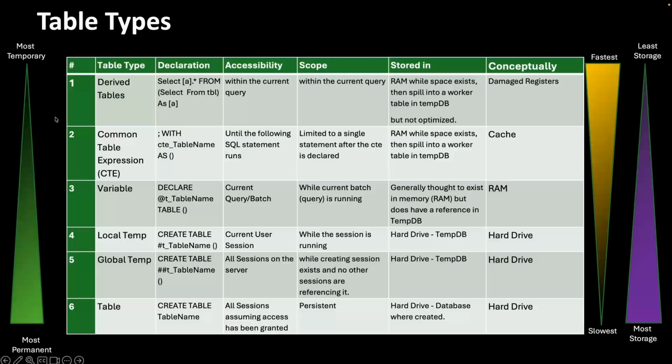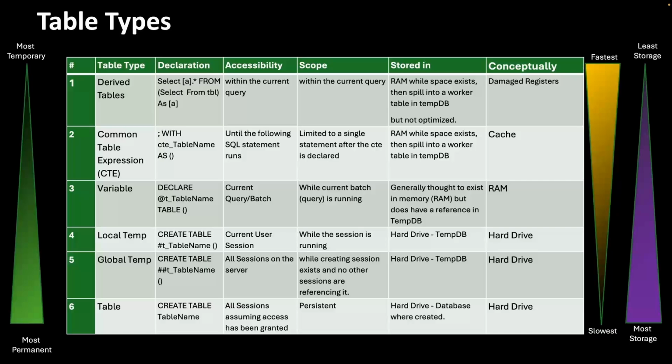They don't care what's going to happen with the rest of your SQL script. They did their thing and they went away. All right. But variable tables, we're starting to get into the land of it persists for longer. In this case, a variable table persists for the rest of the duration of your SQL script. So you could be doing a whole lot of other things after it. It's going to still exist until the very end of your SQL script.